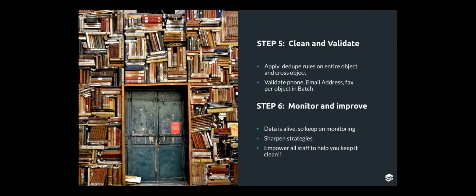Your data is alive, so keep on monitoring and sharpen your strategies. So you have to define different strategies to find all duplicates and to optimize your data. And the good thing is that you can give access to all your staff to help you keep it clean along the way.